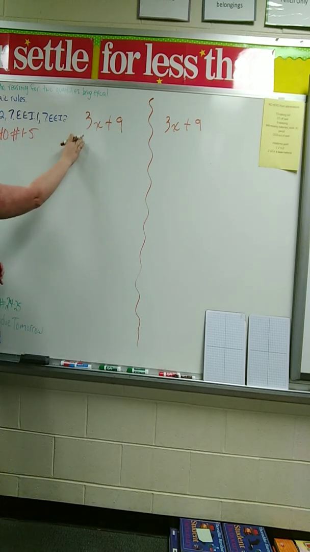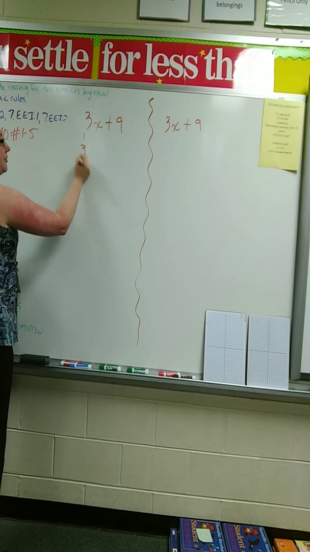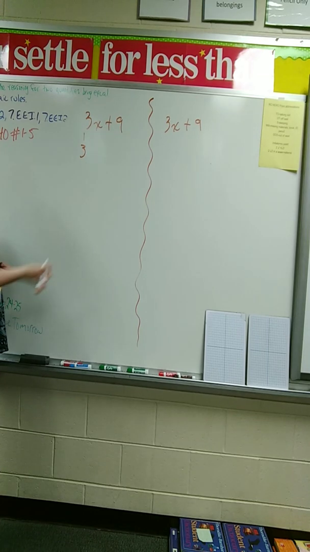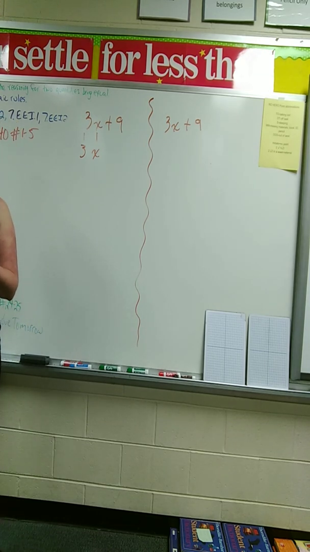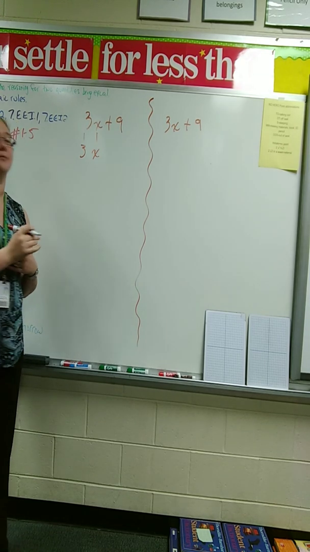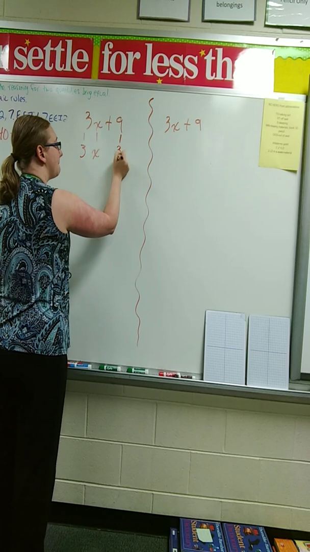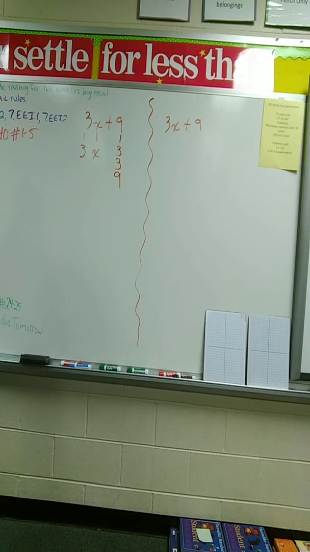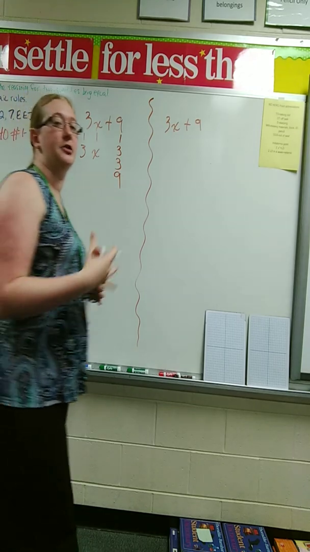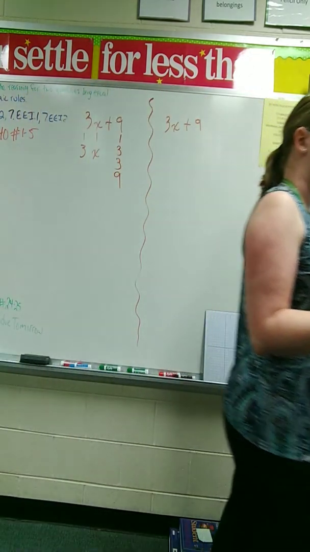So our factors of 3 are 1 and 3. Our factors of x are 1 and x. Our factors of 9 are 1, 3, 3, and 9. We're going to write the 3 twice because we have to multiply the 3 by itself to get to that 9. Okay?